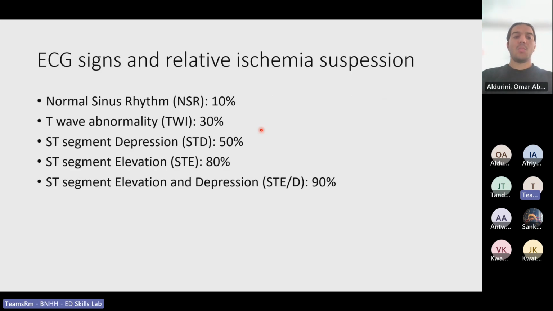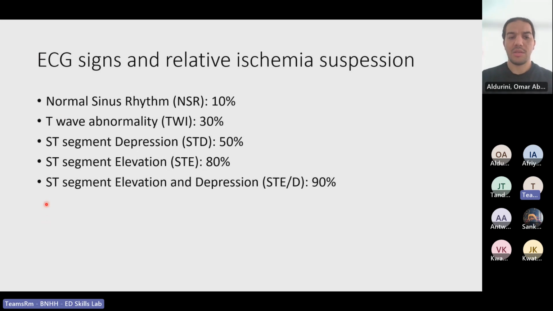So what are we looking for on the ECG to suspect an ischemia, relative to the patient presentation? Usually there is no one specific sign that says the patient has acute ischemia now.